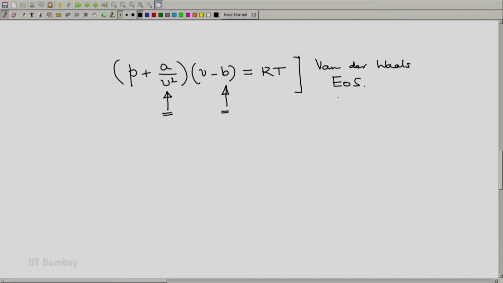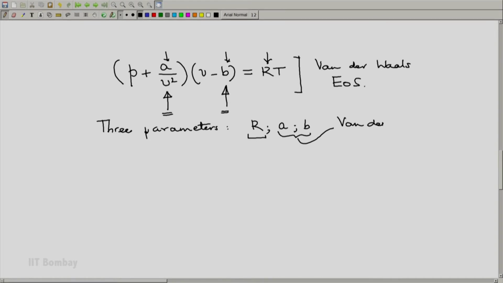The second thing you should notice is that now there are three parameters. Our familiar R still exists, but we also have two parameters, A and B. This continues to be called the gas constant, whereas A and B are known as Van der Waals parameters for that particular gas.